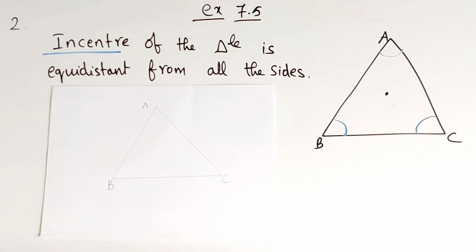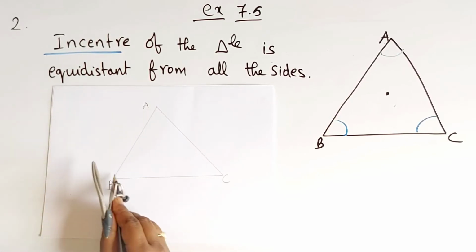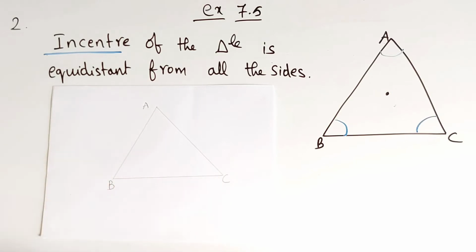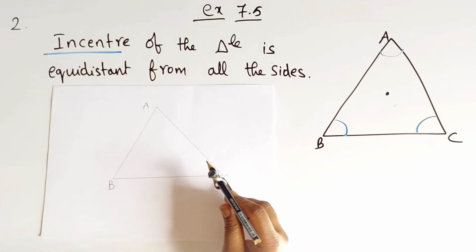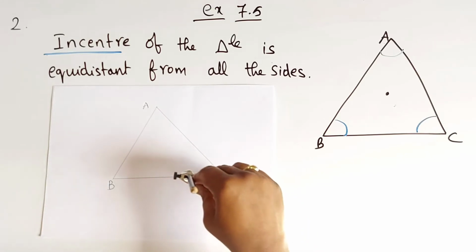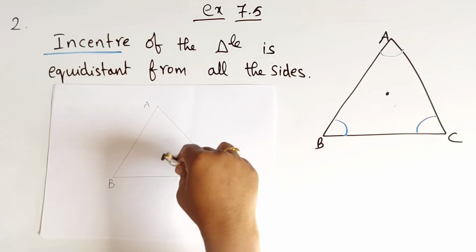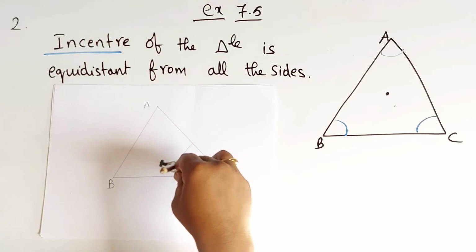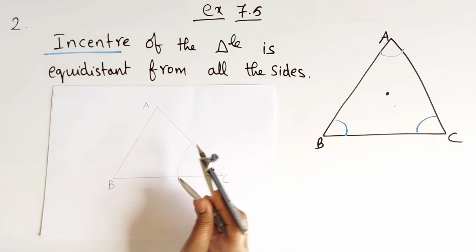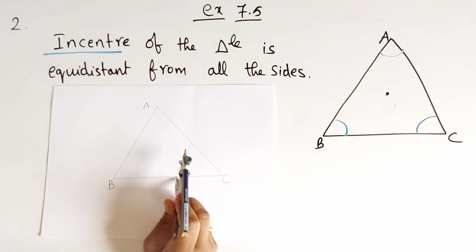This is a triangle ABC, children. We can find the incenter of this triangle by drawing the angle bisectors of angle A, angle B and angle C. Let us see how it is. Let's take angle C, children. From this point, you have to draw one angle. Just give an angle shape. Right, children? Now take this angle distance.